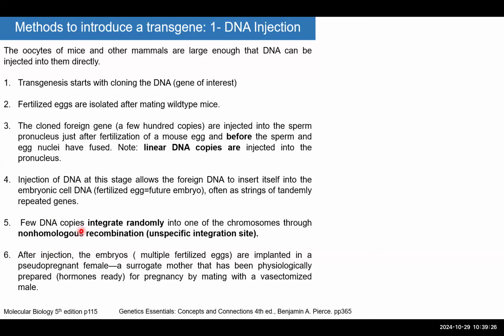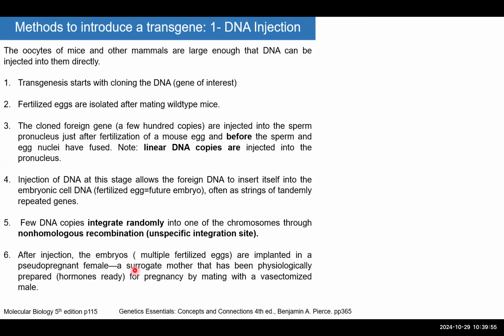After the injection, the embryos, which are multiple fertilized eggs, are implanted into a pseudopregnant female. So we take these embryos and we implant them into pseudopregnant females, meaning a female that we provide with hormones to be prepared in order to get pregnant.